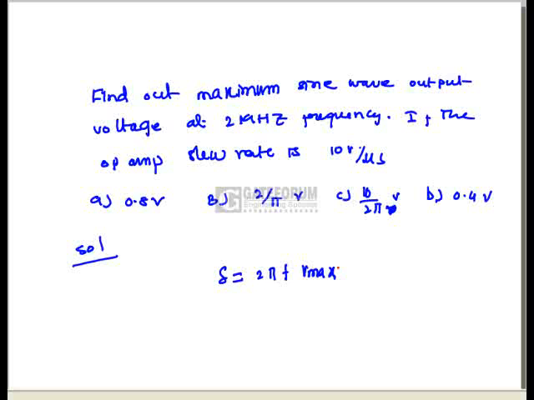So Vmax equals delta by 2 pi f. This is 10 by 4 pi, and if you solve this, the approximate value is around 0.8 volts. So obviously the option will be A. We have to go for option A.